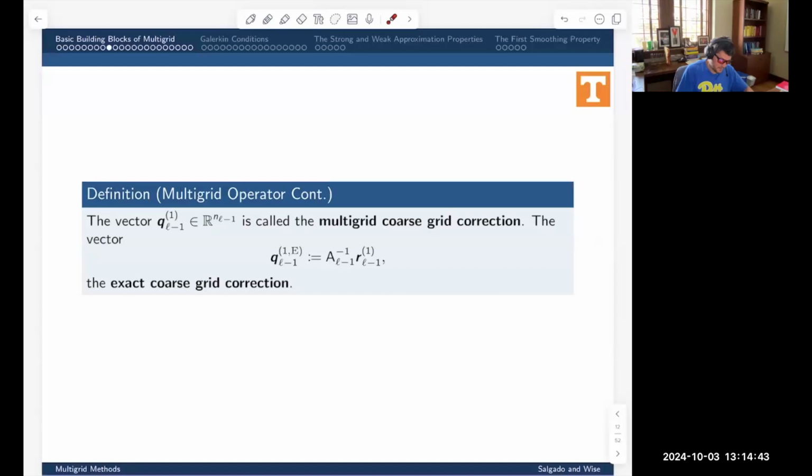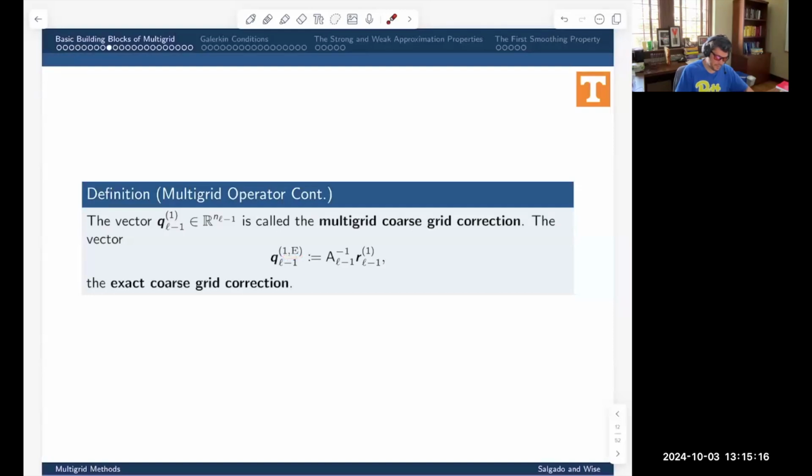So the vector, as I said, QL minus 1, 1 is what we call the multigrid coarse grid approximation. It's not exactly equal to the exact coarse grid approximation, which is this object here. And to denote the exact coarse grid correction, I'm going to put 1e in the superscript for that.